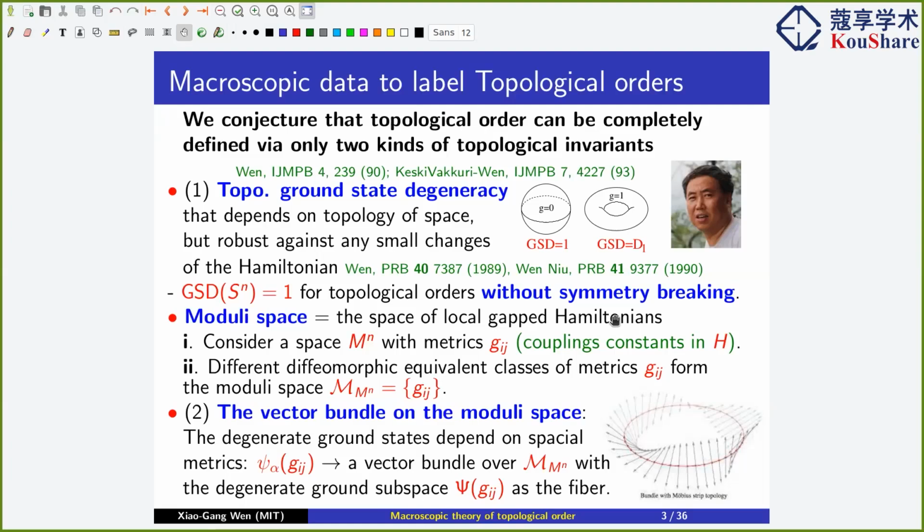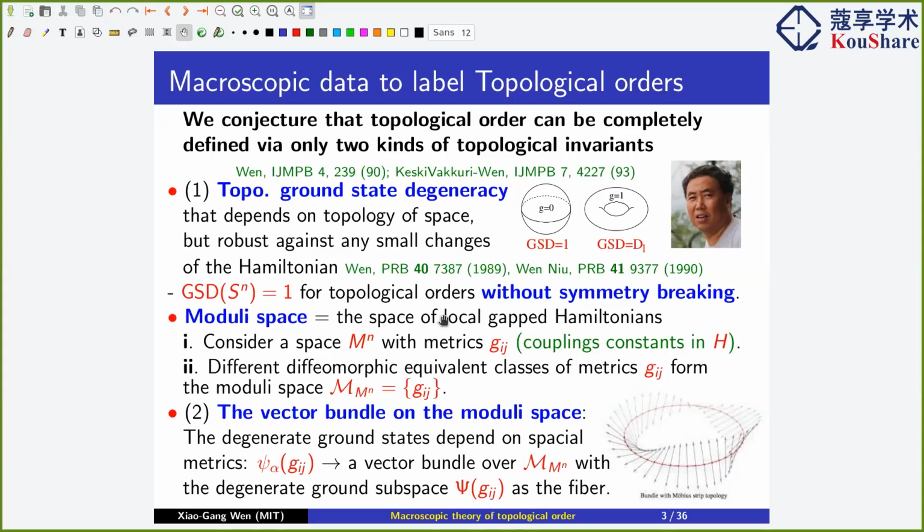Then we should remove the gapless points. After removing gapless points, this space of coupling constants may have a non-trivial topology. Certain parts cannot be connected to other parts because you have to go through the gapless point. So that's basically the moduli space. But this is too general, so I don't know what to do.